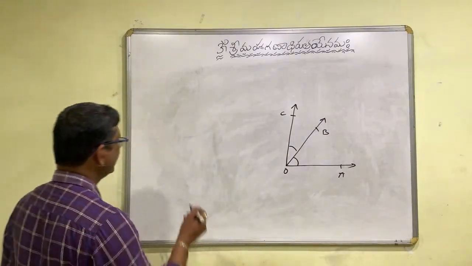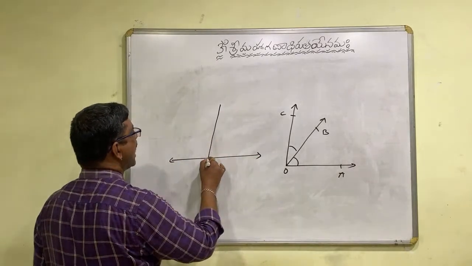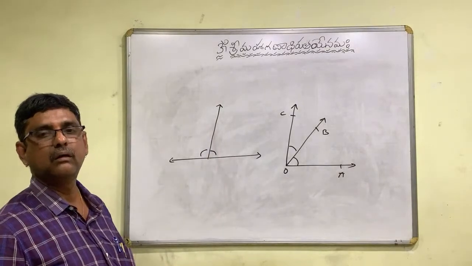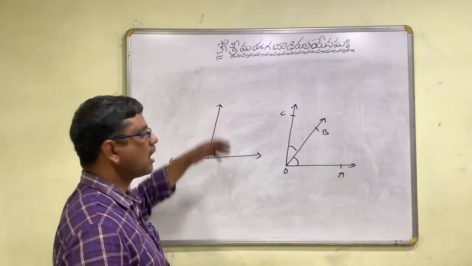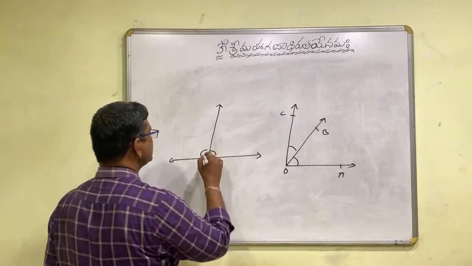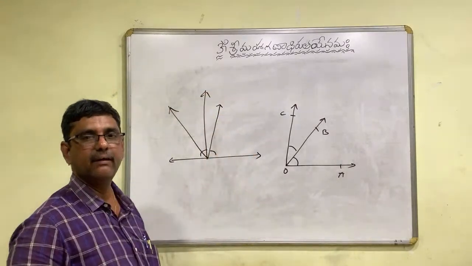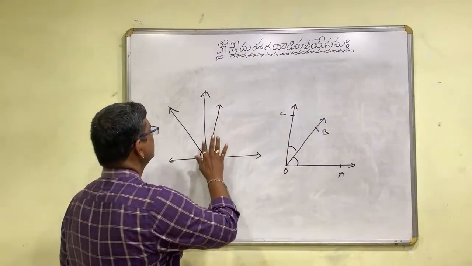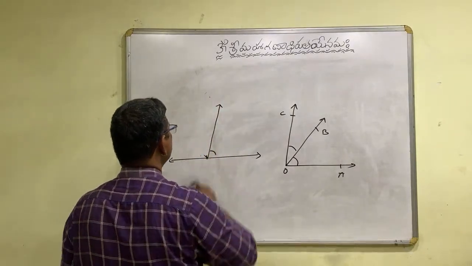Right. Next one, if the common arm, or a ray, is standing on a straight line, either like this or straight like this, whatever it may be, then we'll get two angles.